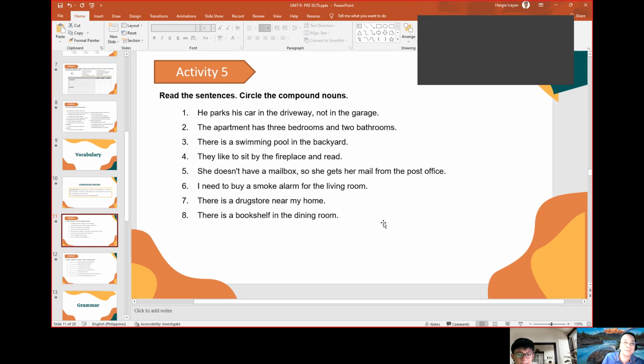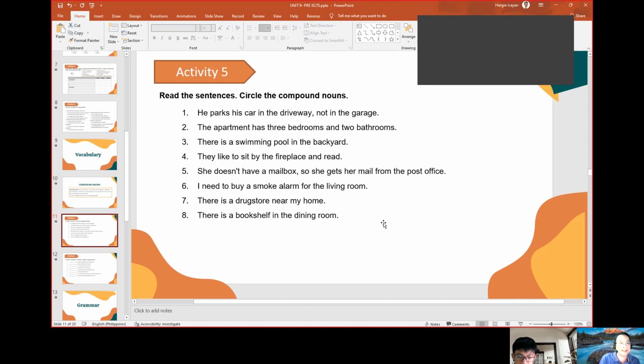Number 5, Koi. She doesn't have a mailbox, so she gets her mail from the post office. What are the compound nouns? Mailbox and post office. Post office. Can you say it again? Post office. That's correct. Mailbox.